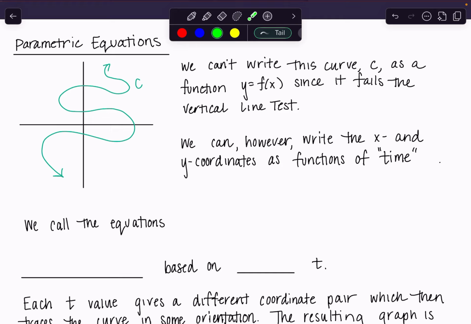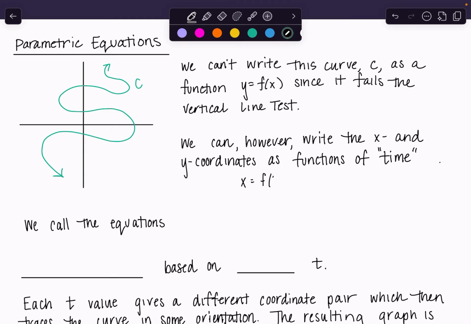However, in a lot of cases like this, we're actually still able to write this in terms of functions, but specifically you can write the x coordinate as a function of a variable and the y coordinate as a function of a variable, and it ends up tracing out the curve. So in this case, our x can be written as what we call a function of time.